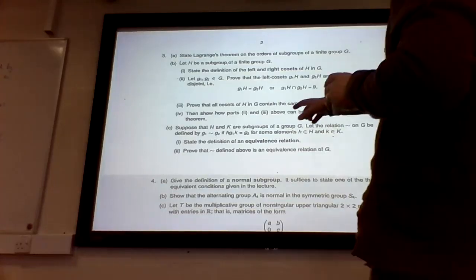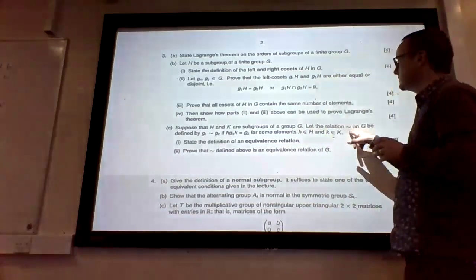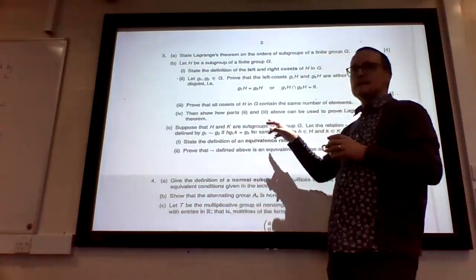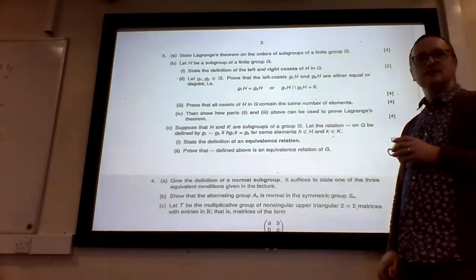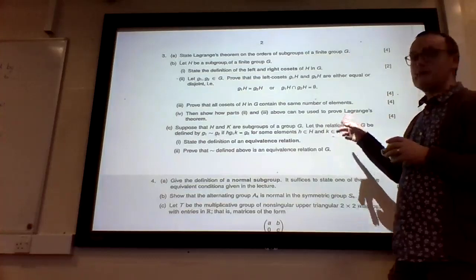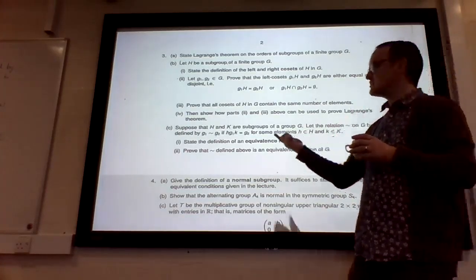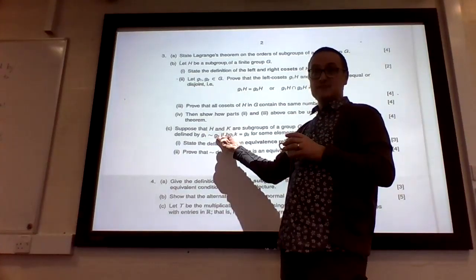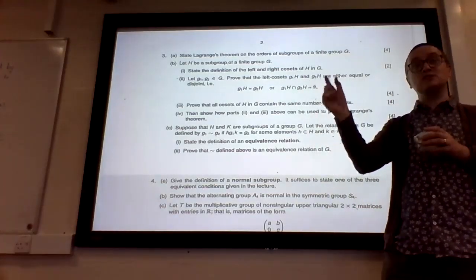This one here. Yeah. So this is what he's doing here. You're given two subgroups H and K. This is giving the definition for a relation. So a binary relation is a rule for constructing a statement. An operation is a rule for constructing another element, say, from a product of two elements.